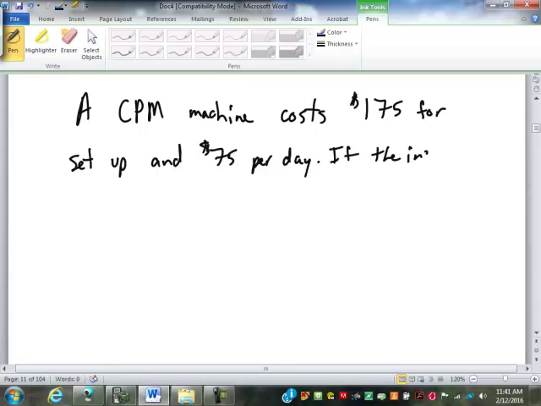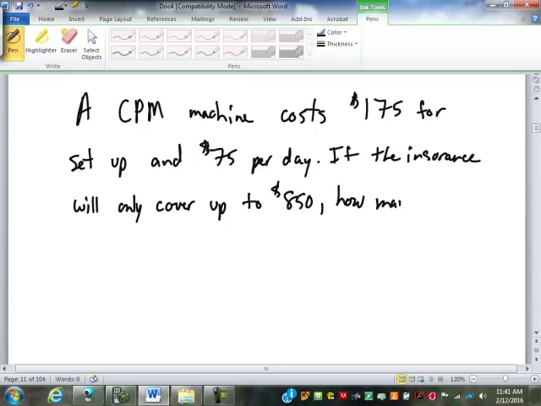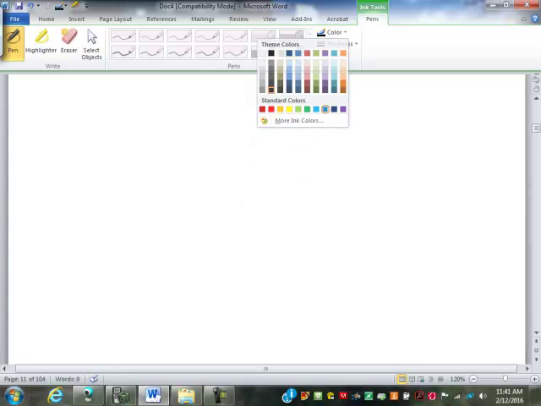If the insurance company will only cover up to $850, how many days can it be used? I should say how many days to cut it short.